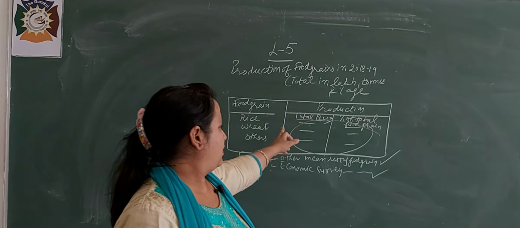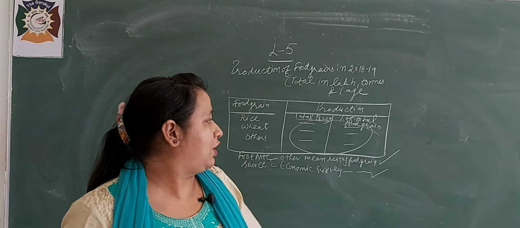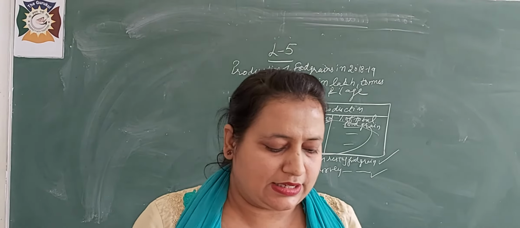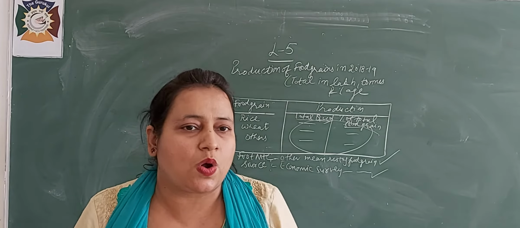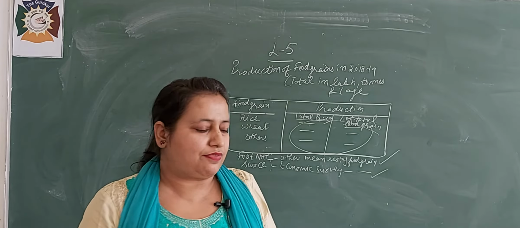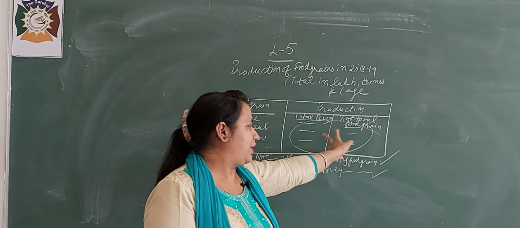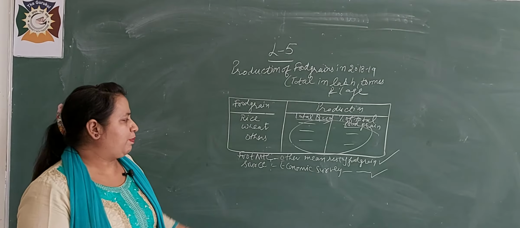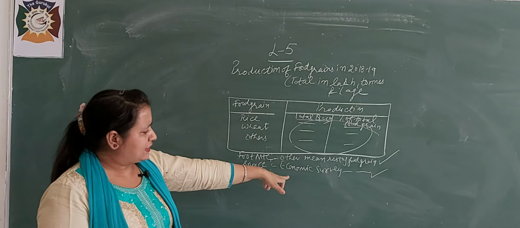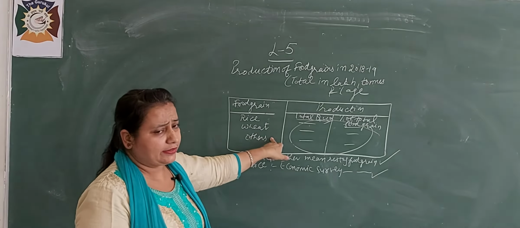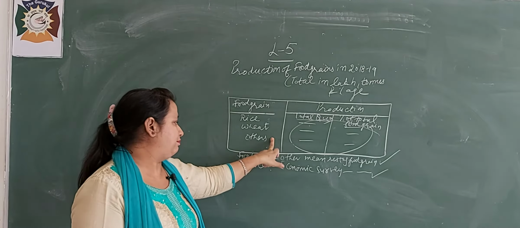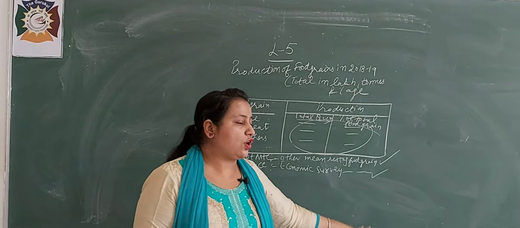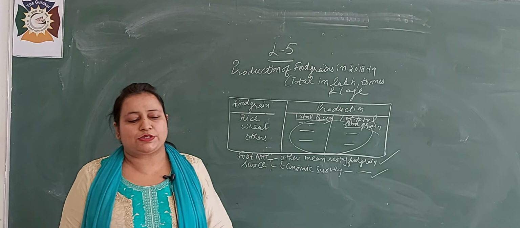Production, total quantity, percentage of food grains are known as the column headings. After that, this is the entire body or field where you will write the rest of the matters. Footnote means food grains that are not included over there; the rest of the food grains will come. And source means the Economic Survey, from which it has been taken.